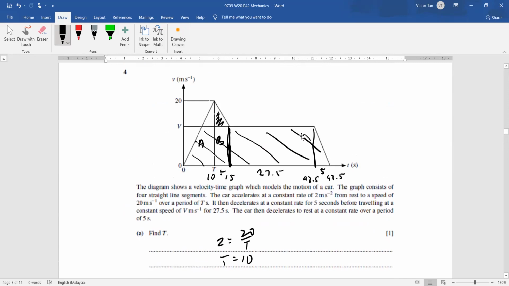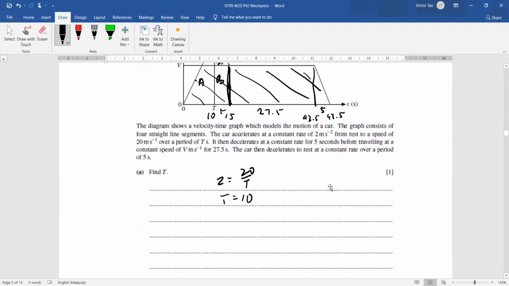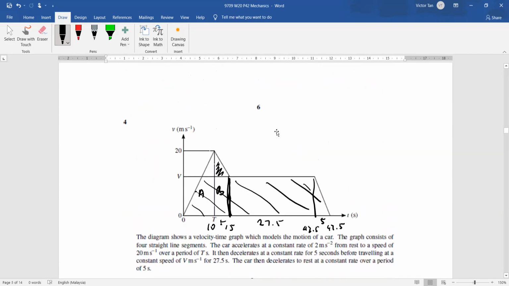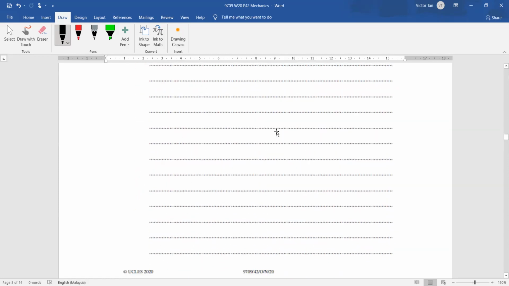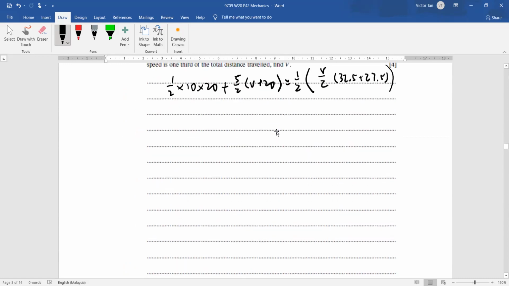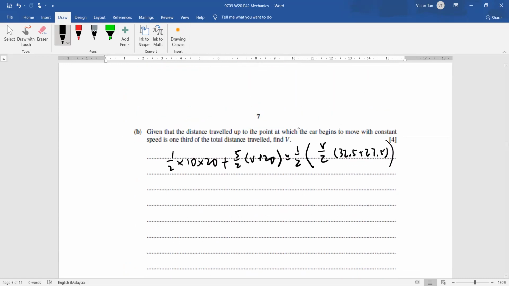This is a trapezium with parallel sides 32.5 and 27.5, and the height is V. Okay, that's correct. So this can cancel off.